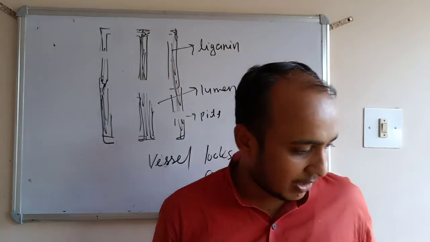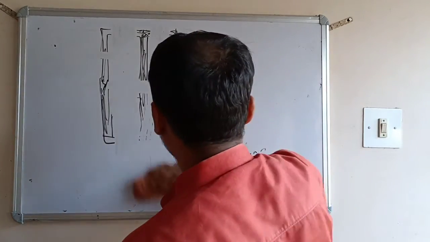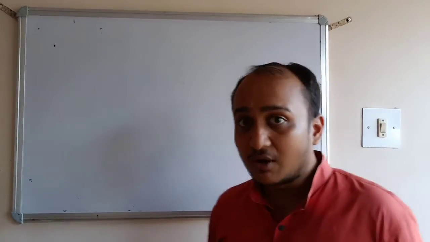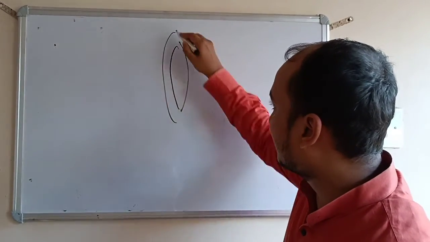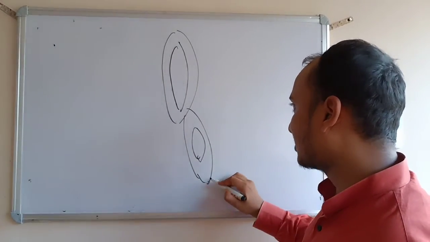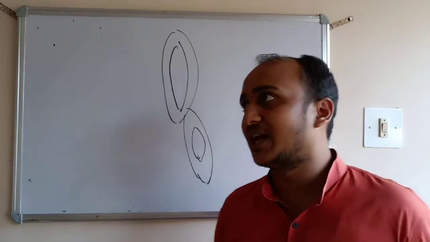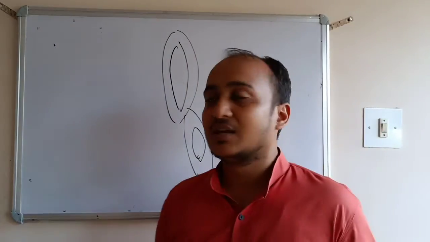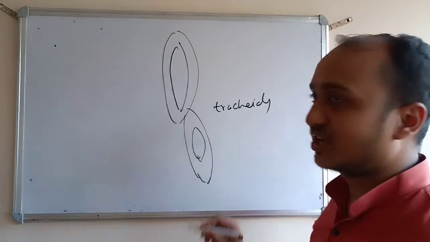Now let's talk about the other cells and their structure. Now we will draw the structure of tracheids. Tracheids are stacked sideways. So there are vessels and there are tracheids, but vessels are more efficient because they are straight.